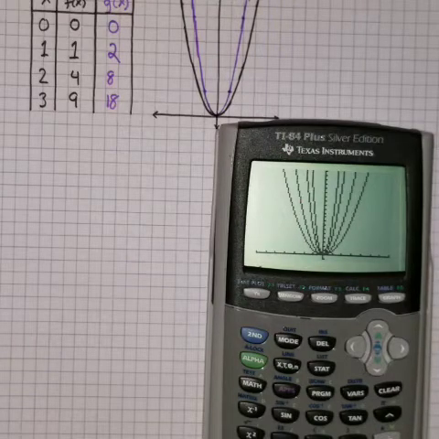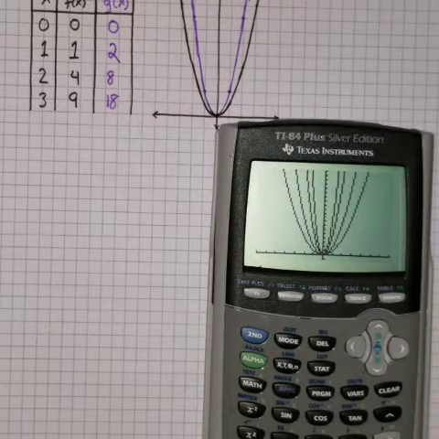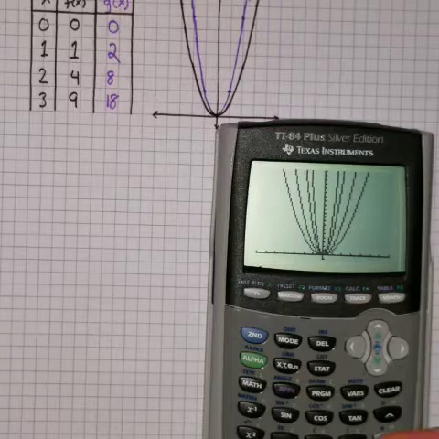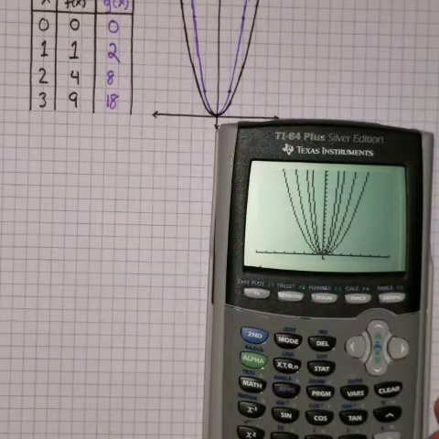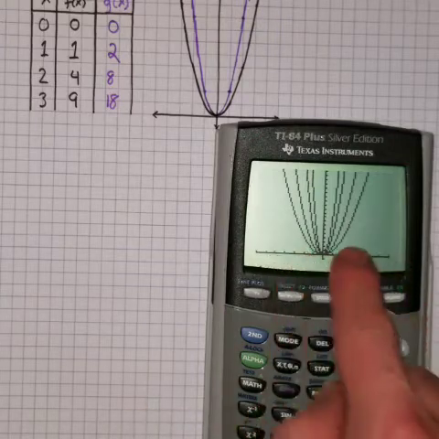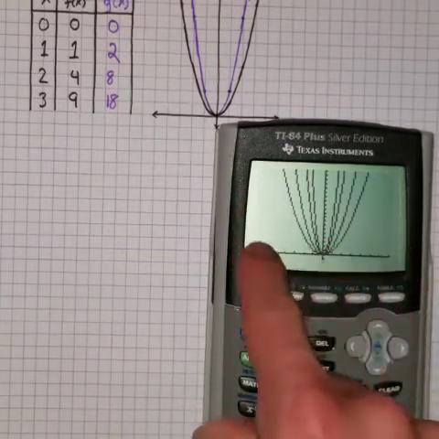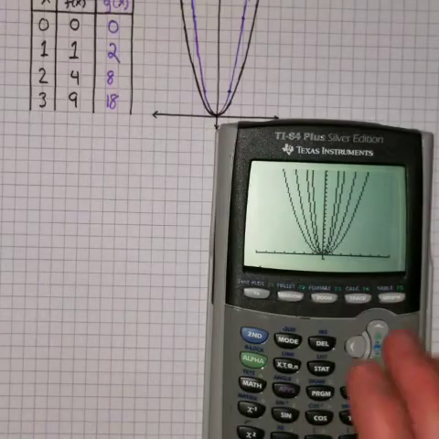What's also interesting is if I were to include some smaller values, instead of getting bigger and bigger like 2 and 5 and 10, it's going to open it wider instead of narrower. I can show you that in a moment.